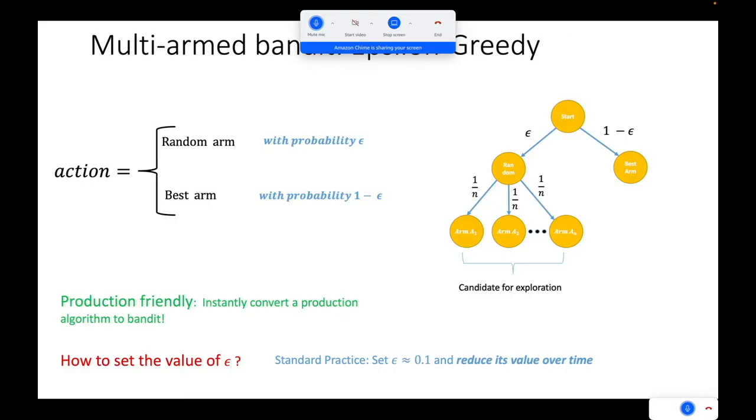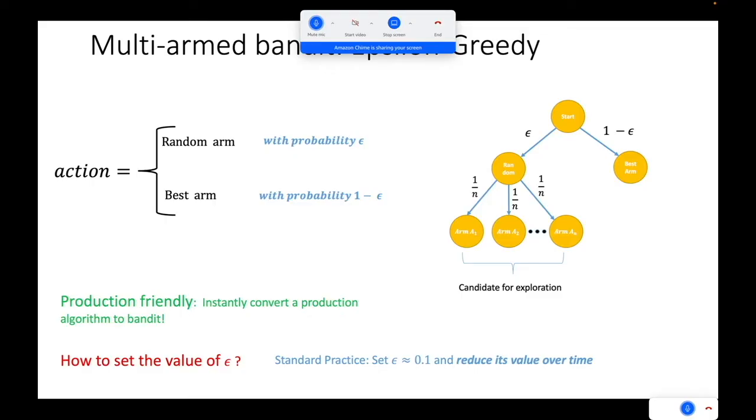If the environment is not dynamic, it is stationary, and your reward distributions are not changing over time, then it makes sense to reduce exploration over time, because as you interact more and more with the system, you will be collecting knowledge which will prove useful for decision-making purposes.